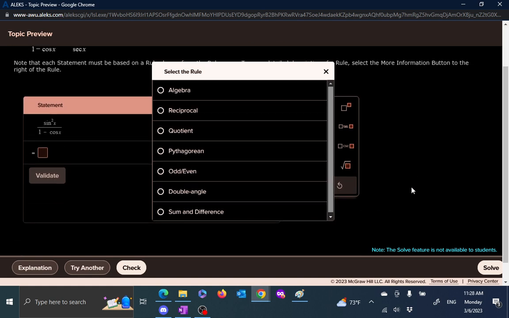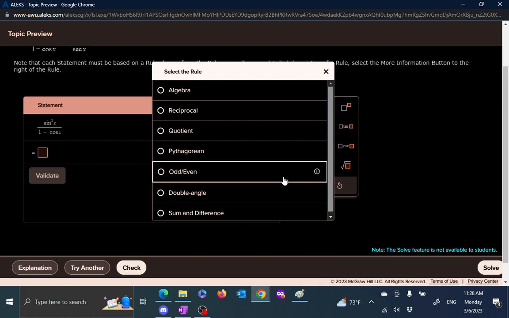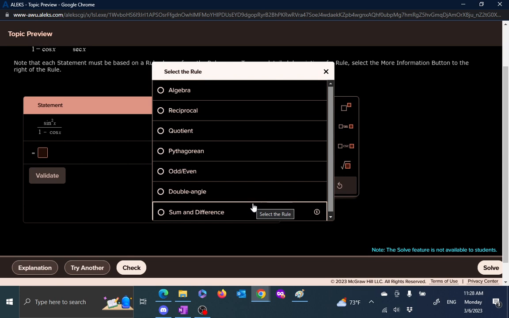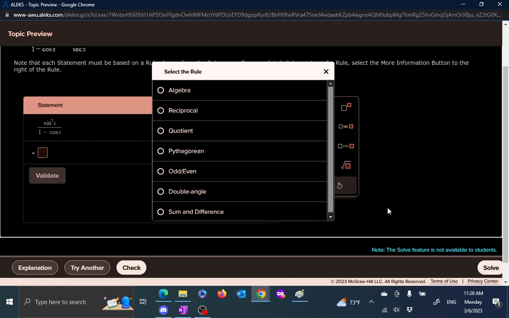Many of them don't show up yet, but they'll show up later. We have a lot more identities coming up. In fact, by some count, there are 6 dozen of them. But odd, even, double angle, sum and difference, and so on. We didn't see examples of those, but they are going to show up later on. Just be patient.